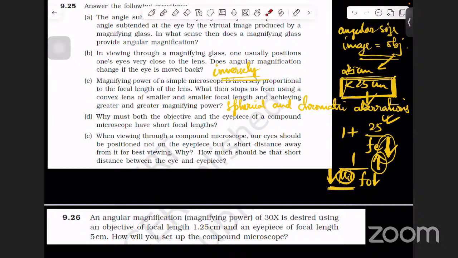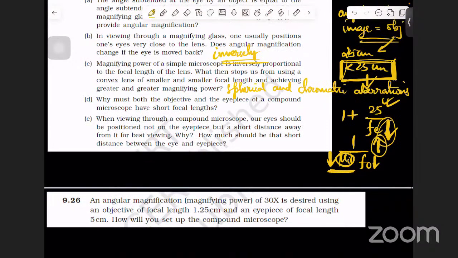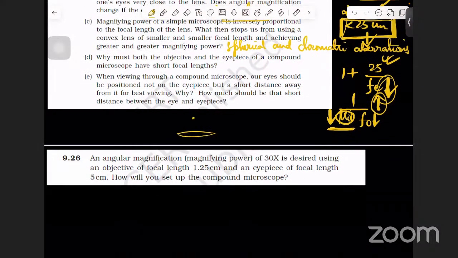We are unable to collect much refracted light when we place our eyes too close to the eyepiece of a compound microscope. Because see, if this is the eyepiece lens and you are viewing from here, the rays are getting refracted. If you keep your eye very close, then you will miss out these rays coming.